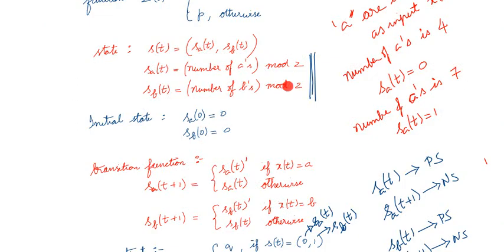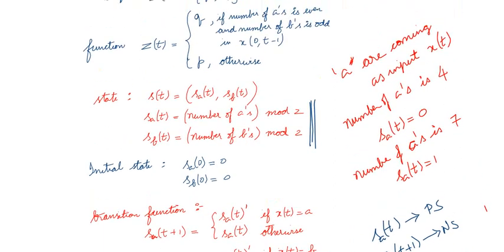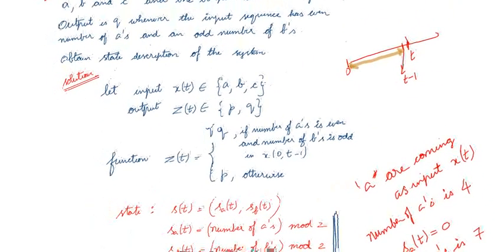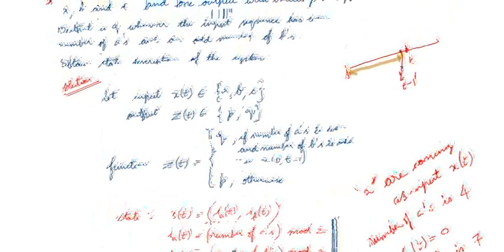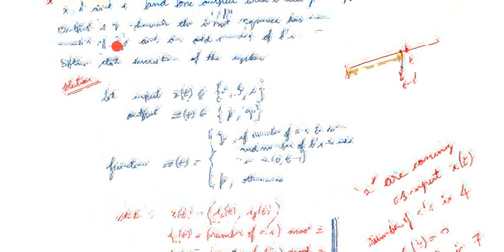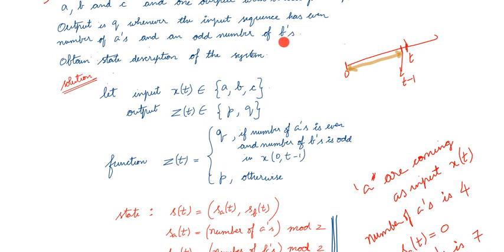It is the number of A's mod 2, and SB is the number of B's mod 2. If the number of A's is an even number, any even number mod 2 gives the remainder 0. So SA of t is 0. Similarly, the number of B's should be an odd number, because this is what is given in the question, right? Look at the question. Output Z of t is equal to Q.